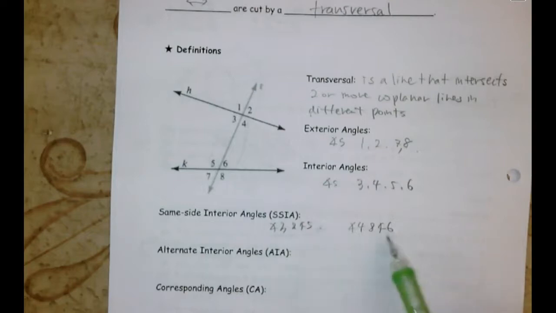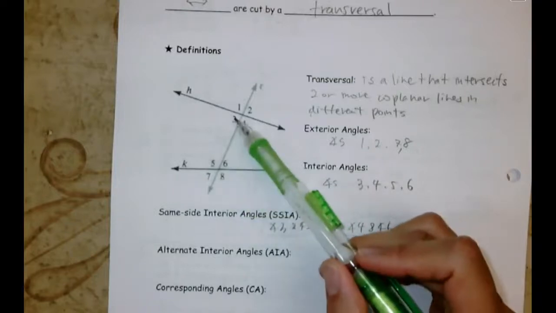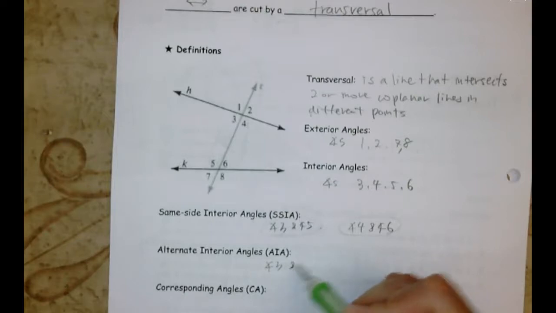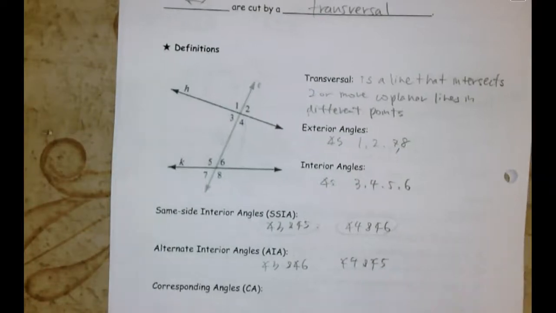These are all pairs of angles, actually. Alternate interior angles. So interior angles, right? Alternate means they are not on the same side. So 3 and 6 are alternate interior angles, and 4 and 5 are alternate interior angles.